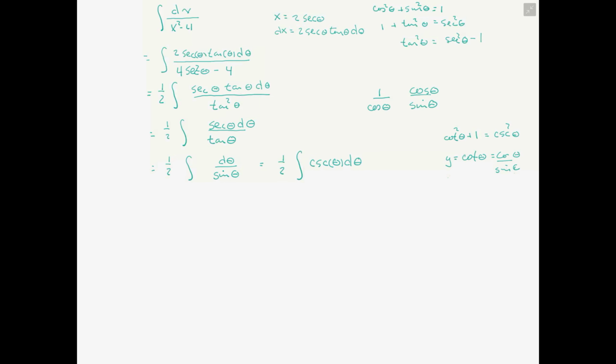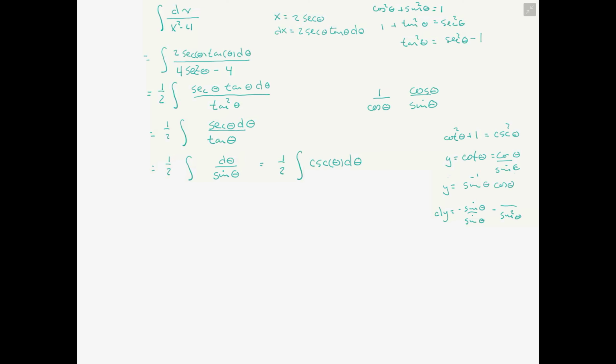Let's work this one out just to make sure. I don't want to just arbitrarily put a result down. That's equal to cosine theta over sine theta. So this is y equals sine theta to the minus 1 times cos theta.